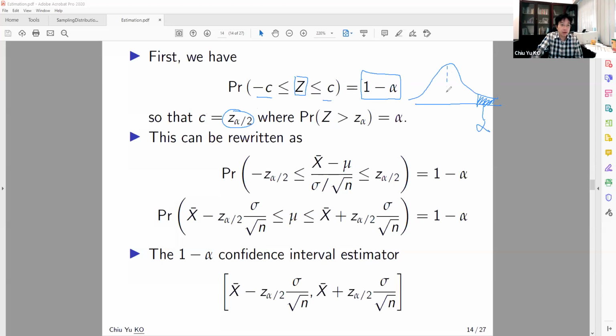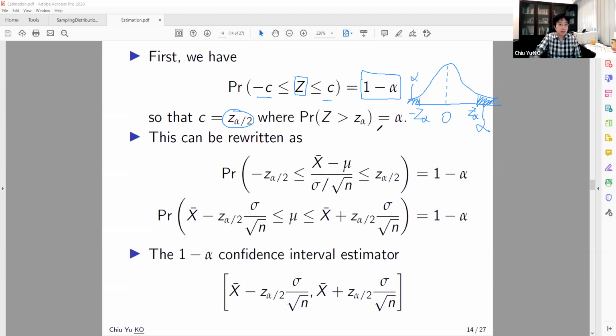This is a bell curve, this is 0, and the area is alpha, at Z alpha. Because it is symmetric about 0, the other side would be negative Z alpha. This is the notation here.